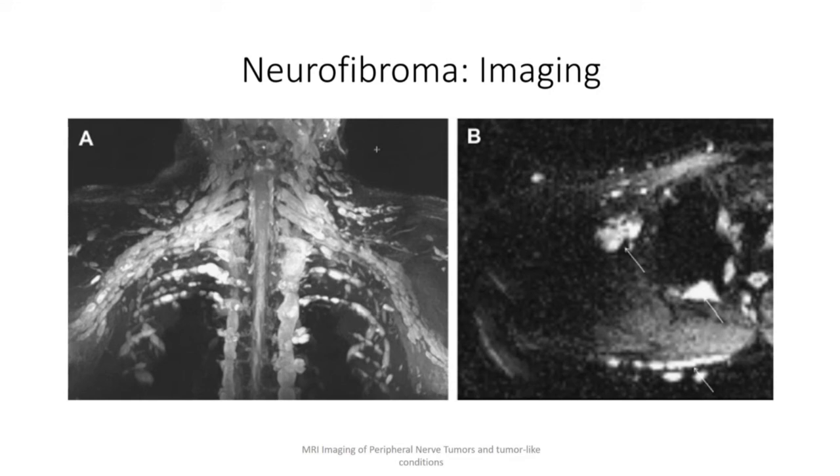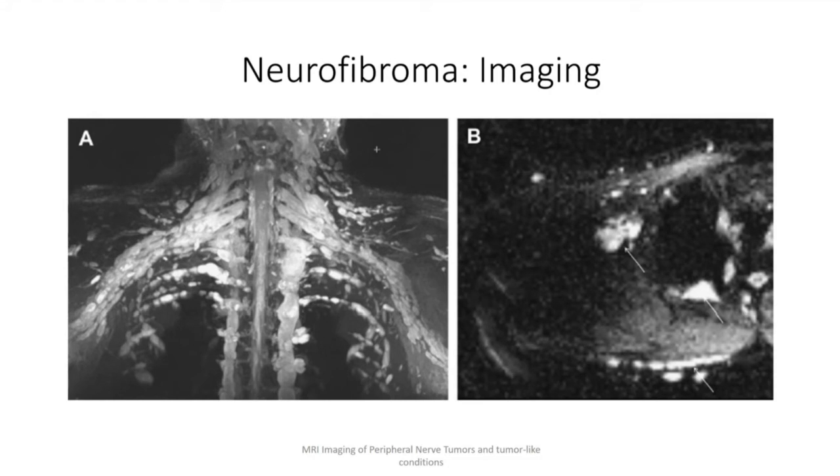And these are plexiform neurofibromas. So there is no discrete tumor visible. It's just all thickened, involved nerve all the way down. And again, there's really no possibility for resection here.